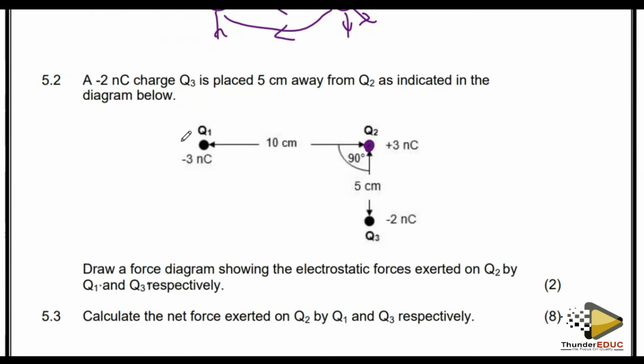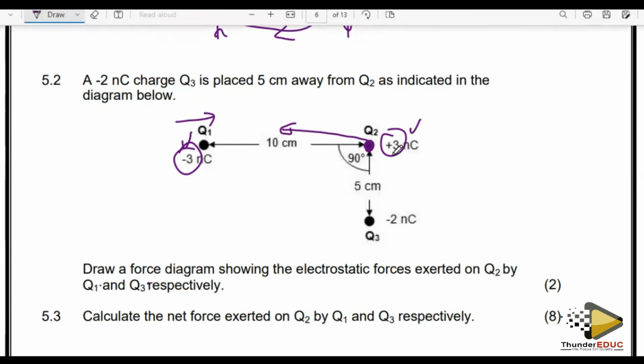Since positive and negative attract, the force will move in this direction. Then with the other charge, since it's positive and negative, again attraction. Since they want the force diagram on Q alone, it's going to be like this.